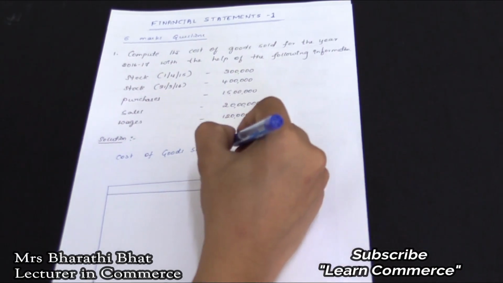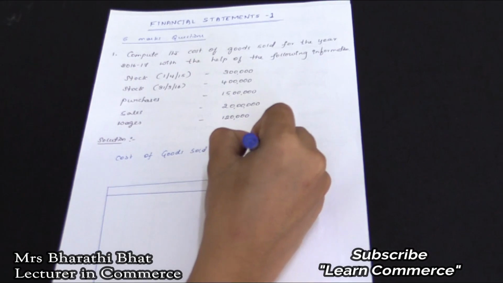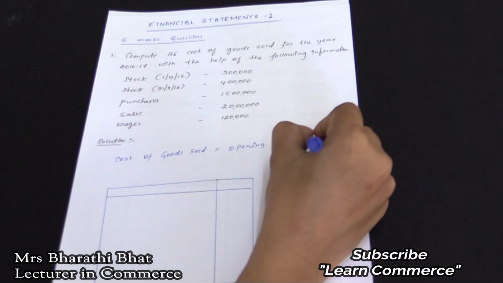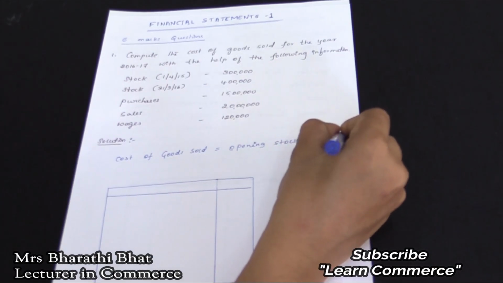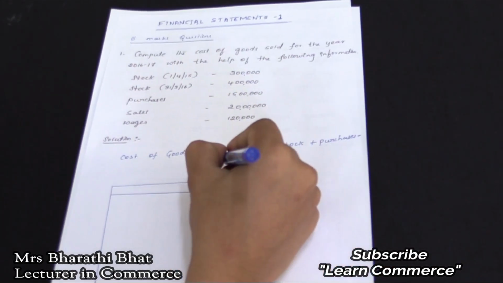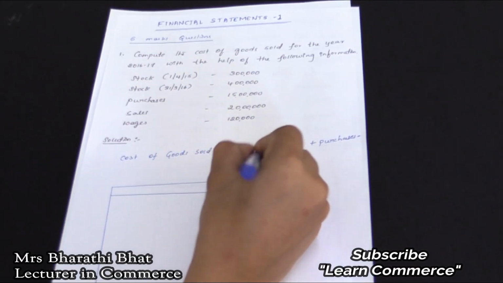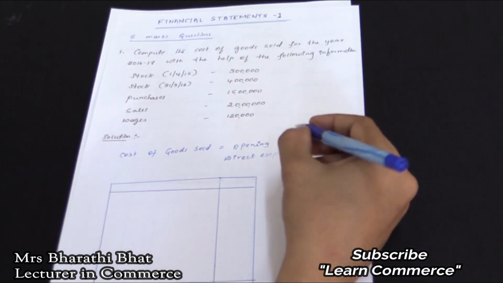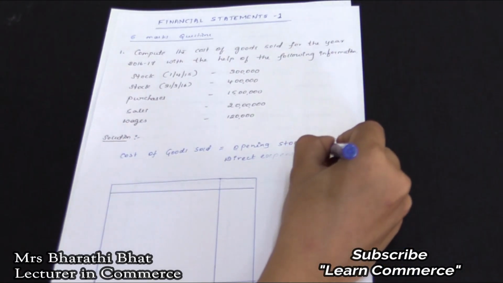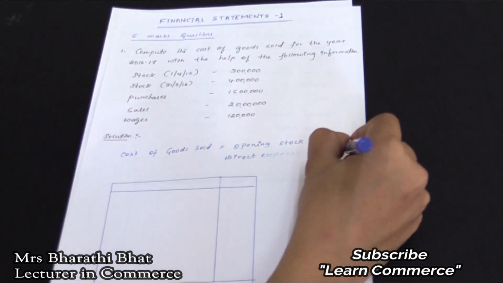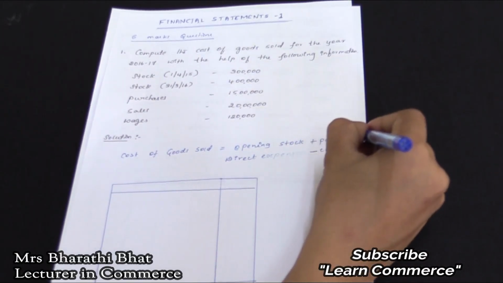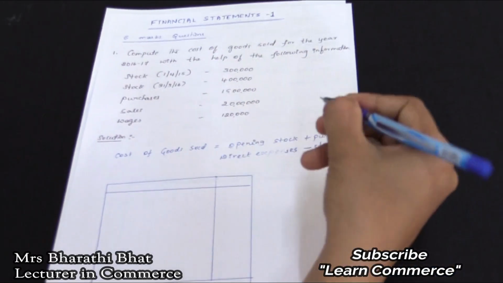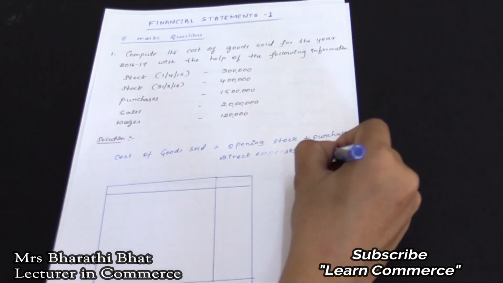Opening stock plus purchases plus direct expenses, not minus, direct expenses, minus closing stock.